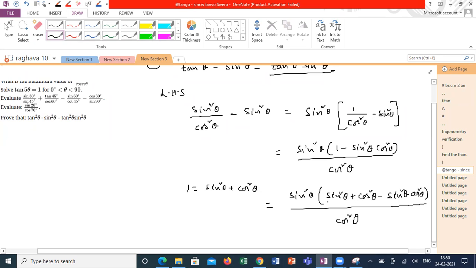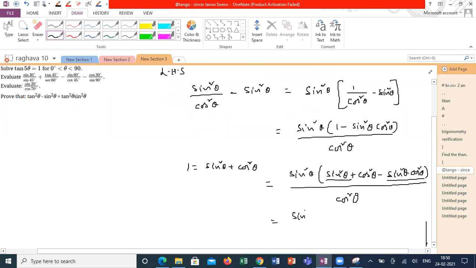If I take anything from here, I can take sine square theta common. Taking sine square theta common, I will get 1 minus cos square theta plus cos square theta.